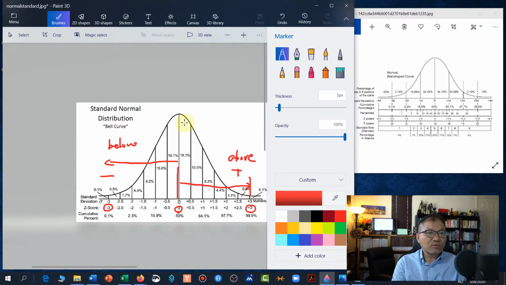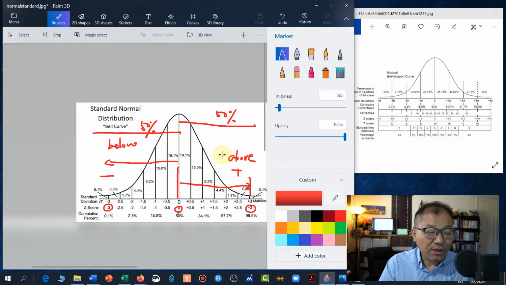Half of this normal distribution from midpoint to all the way to the right is 50%. All the way from left to the mean is 50%. So typically, what if your score is somewhere around here, roughly plus 1.25 right here.